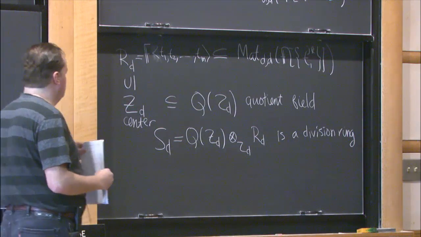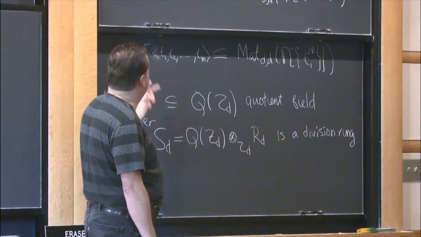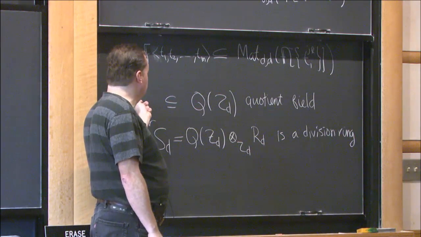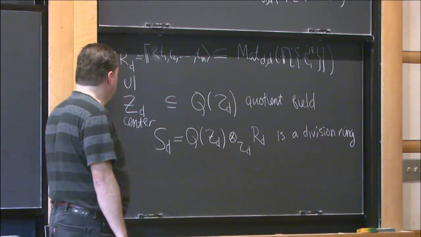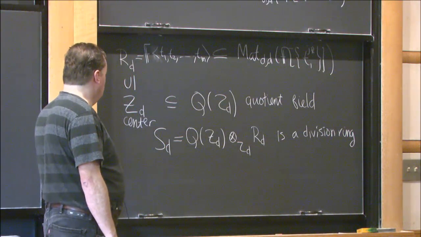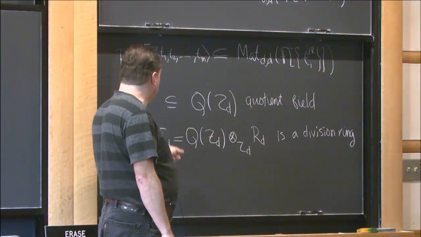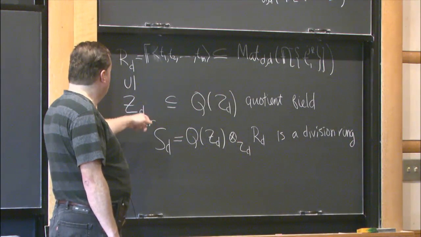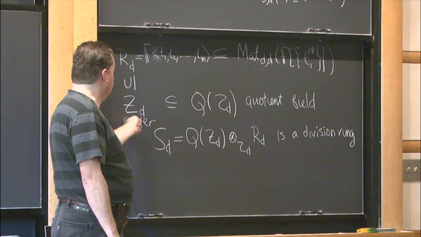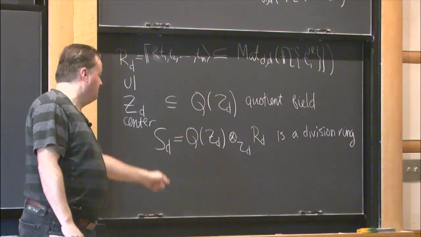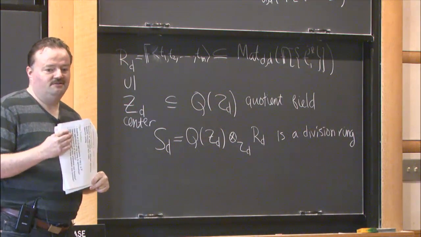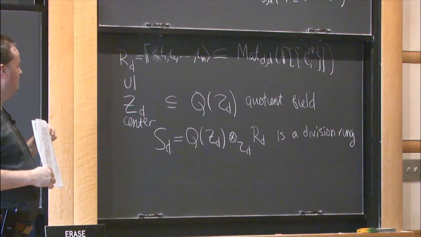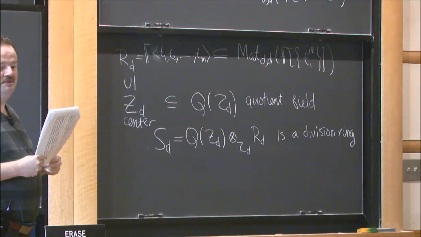Here it's a non-commutative ring because it's a bunch of matrices, and the center consists of the matrices that commute with all the other elements. Essentially, Sd is the ring you get by allowing things in the denominator that lie in the center. These are scalar matrices, but the diagonal entries may be complicated polynomials.